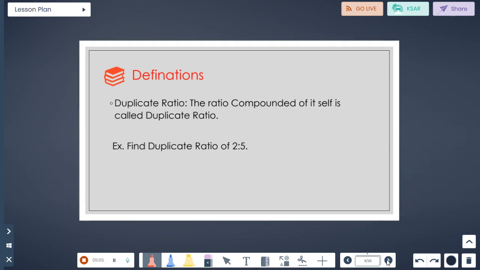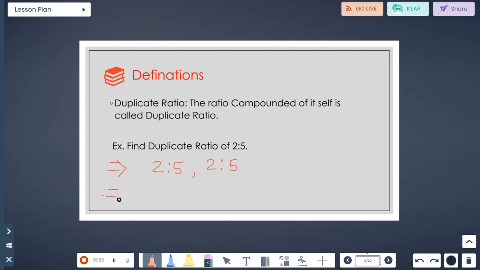Next one, duplicate ratio. The ratio compounded of itself is called a duplicate ratio. For example, find the duplicate ratio of 2:5. By definition of duplicate ratio, it is the ratio compounded of itself, so 2:5 compounded with itself means again 2:5.